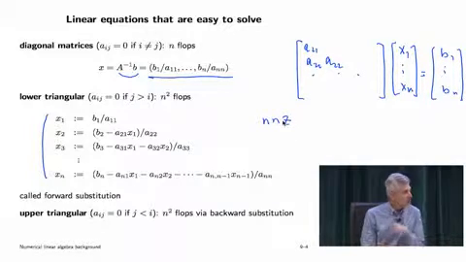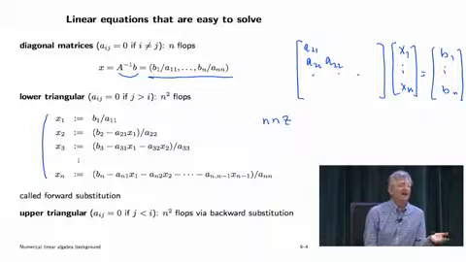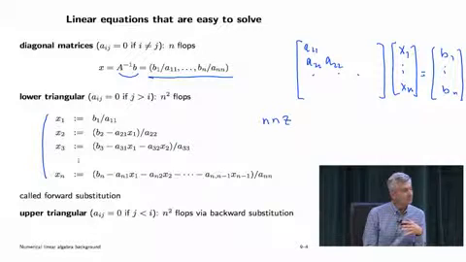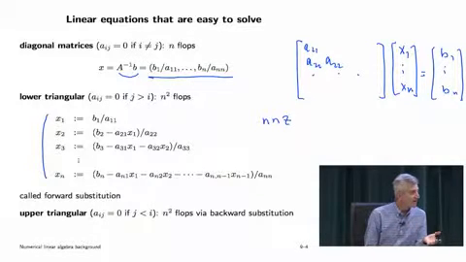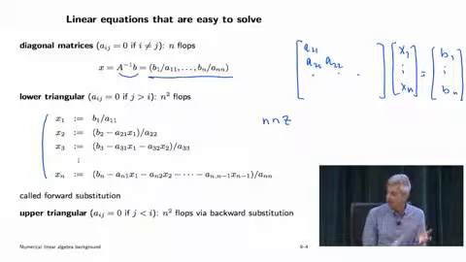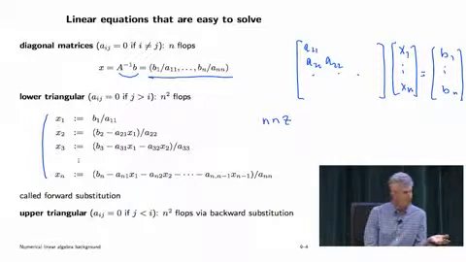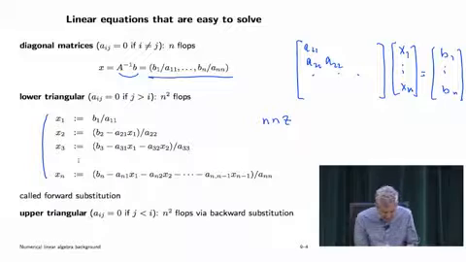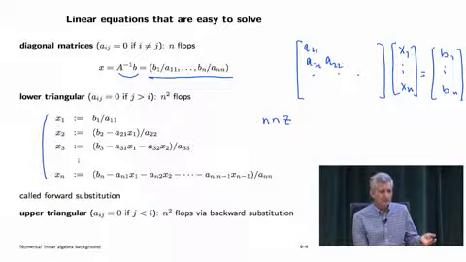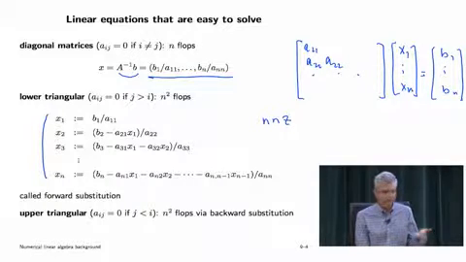In terms of the number of non-zeros, how many flops does it take to do forward or backward substitution with a sparse lower or upper triangular matrix? It's linear. It's actually about equal to the NNZ, because each of these coefficients appears once.